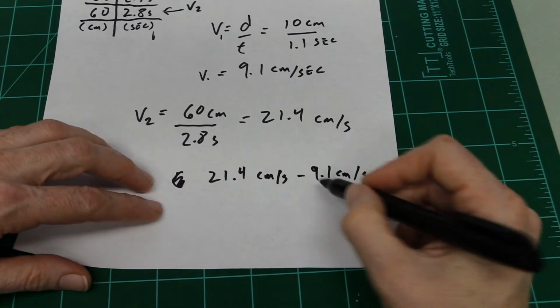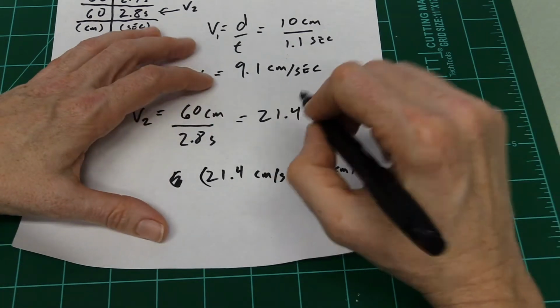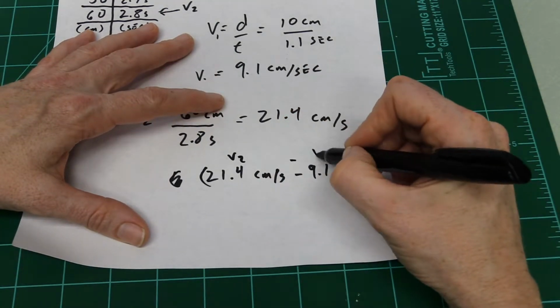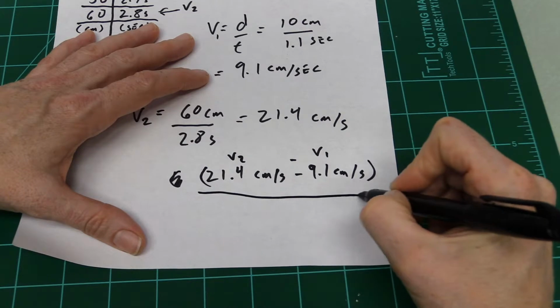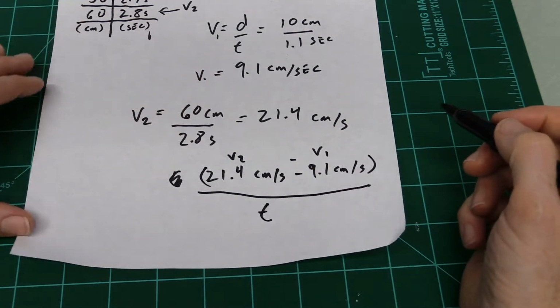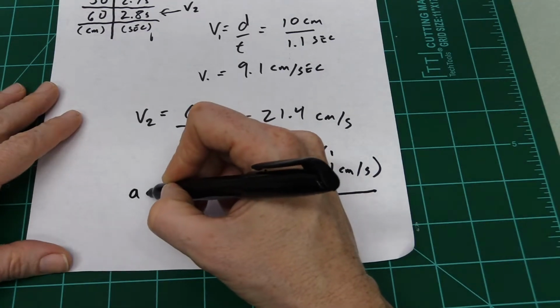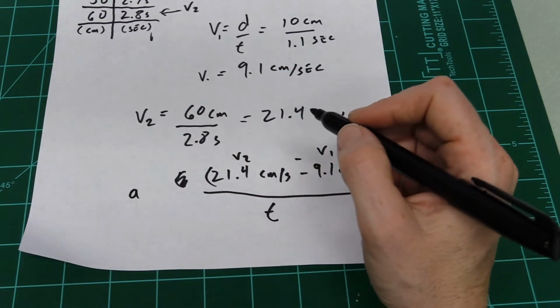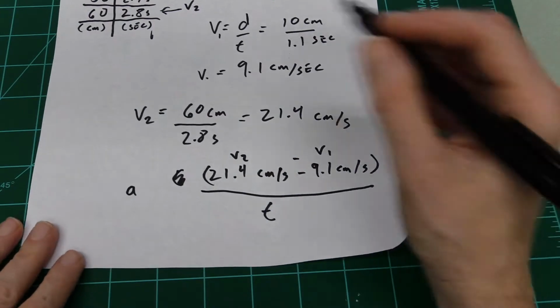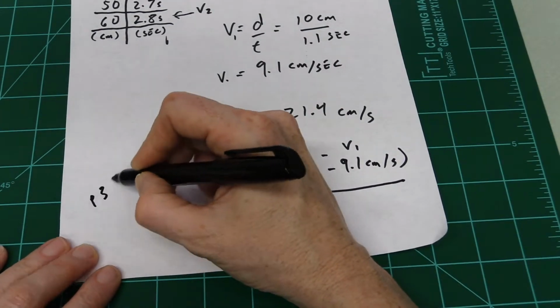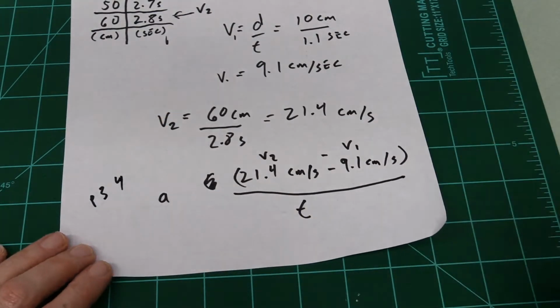This is the difference, V2 minus V1, and then you divide that by time. This gives you your acceleration, and this is the equation on page 34 of your book.